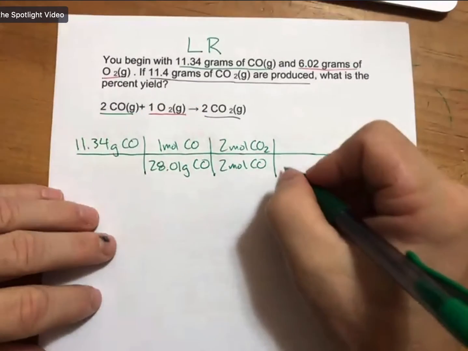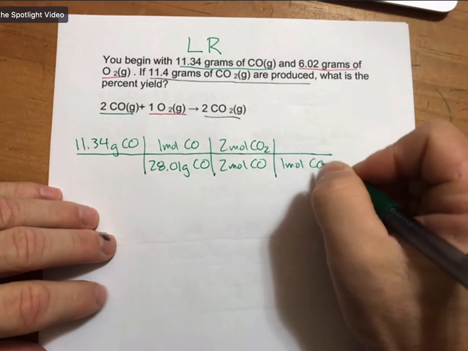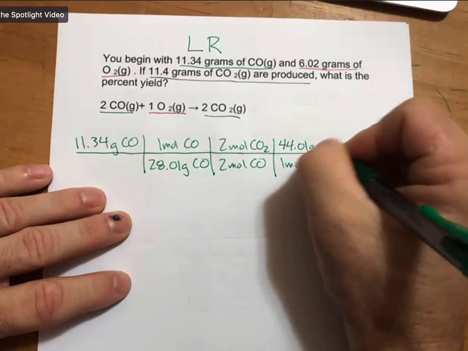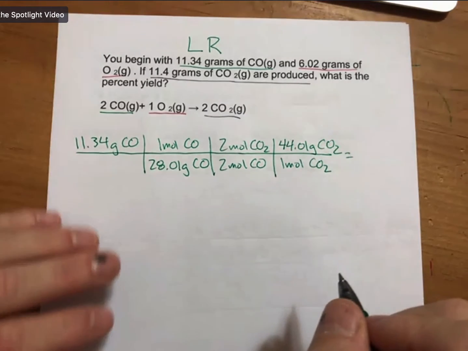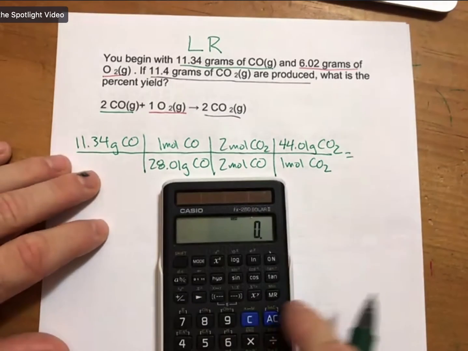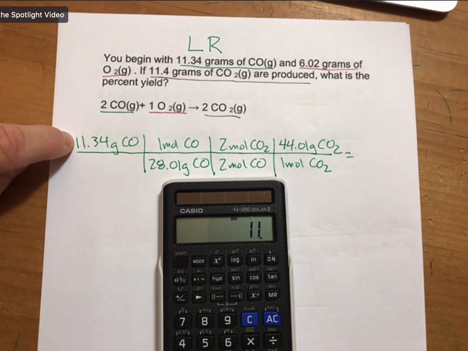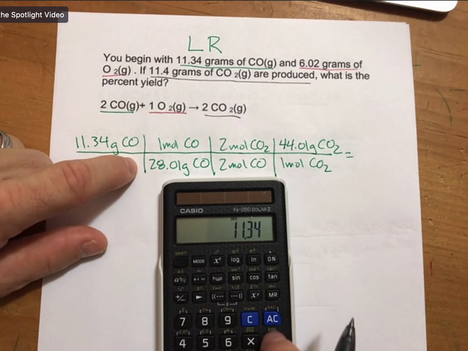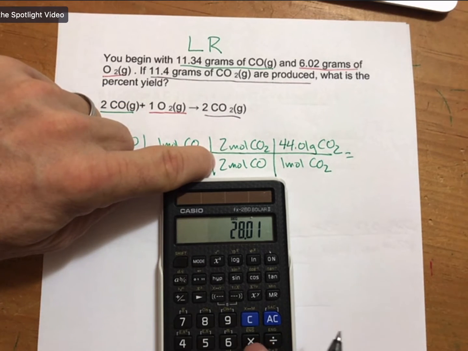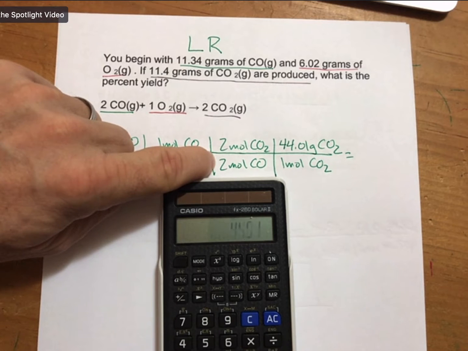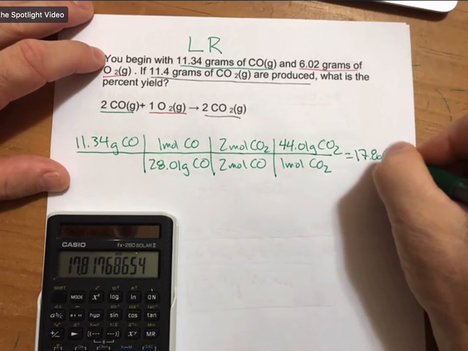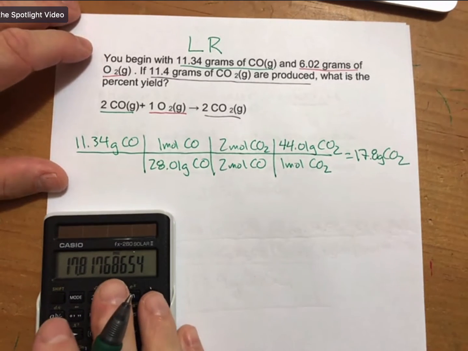And the molar mass of carbon dioxide, which we may remember from our combustion analysis days, though we may try to forget it, is 44.01 grams per mole. 11.34 divided by 28.01 times 2 divided by 2, so we can skip that step, times 44.01. I get 17.8 grams of carbon dioxide.